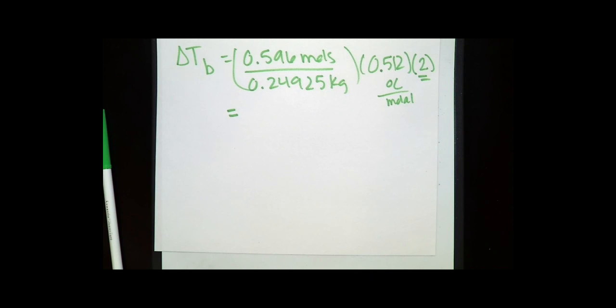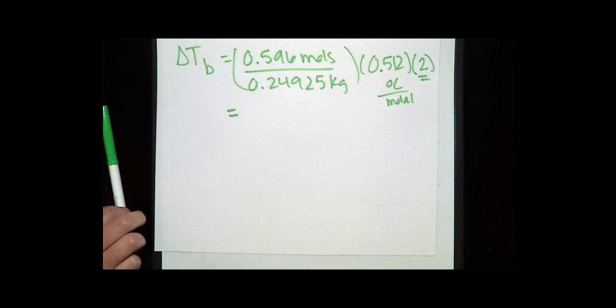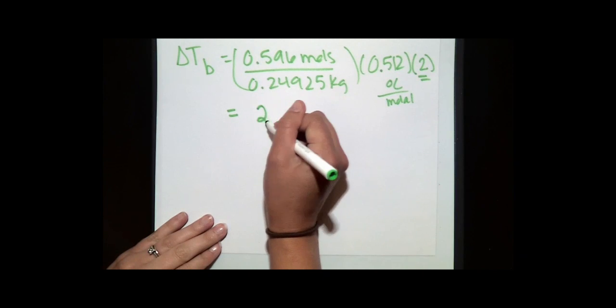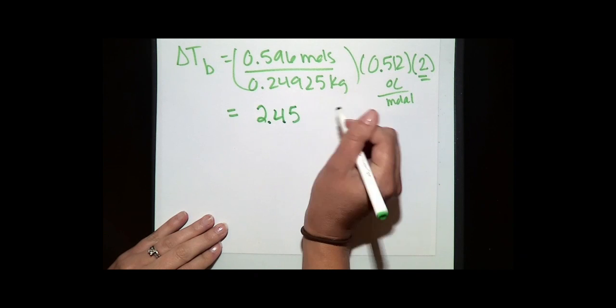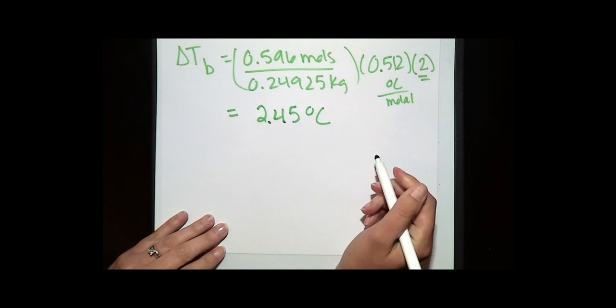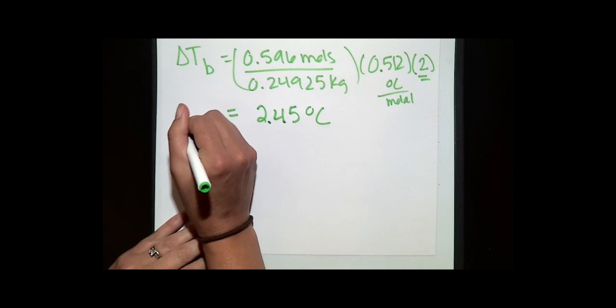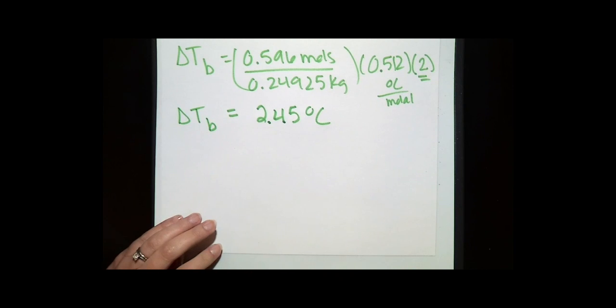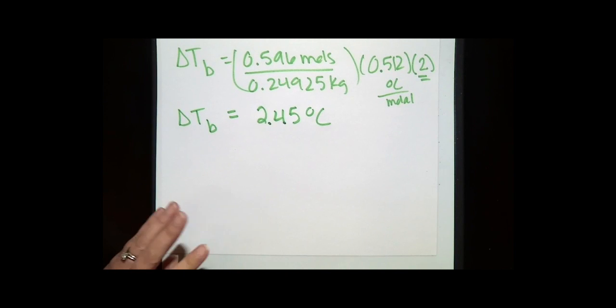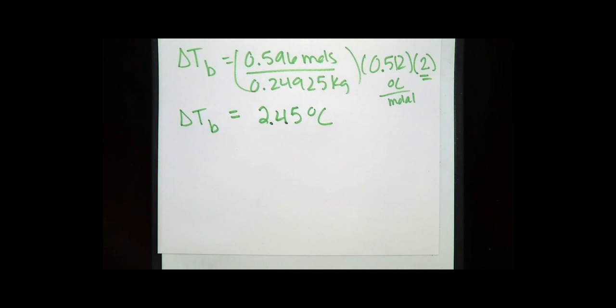This is the boiling point elevation constant for water. And then multiply that by our ion factor of 2. This is a really concentrated solution, and it still doesn't have a huge difference. It's not going to be like a 50-degree difference. It's going to be just a handful of degrees.